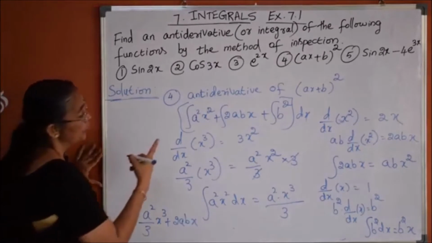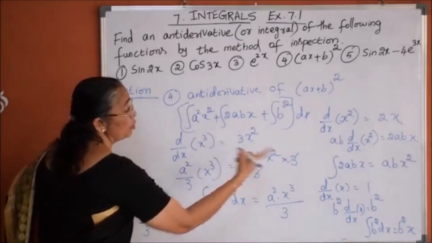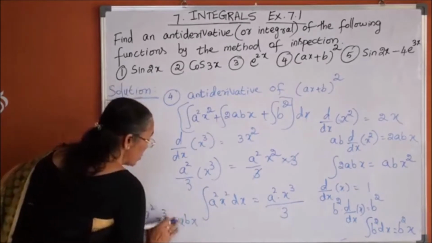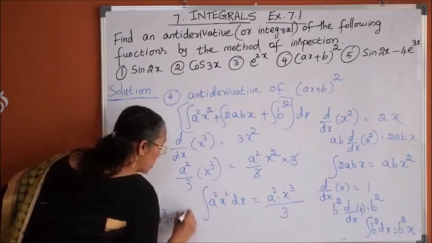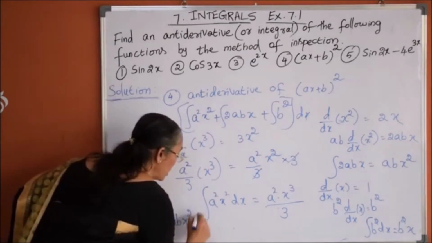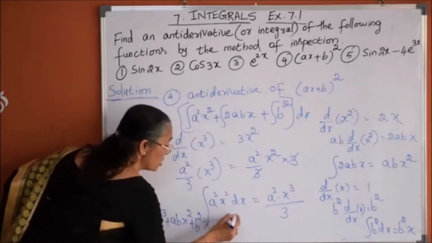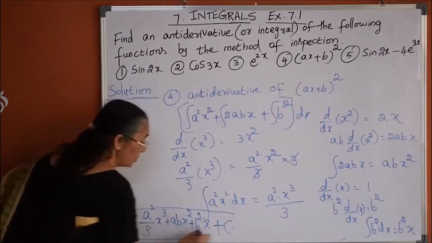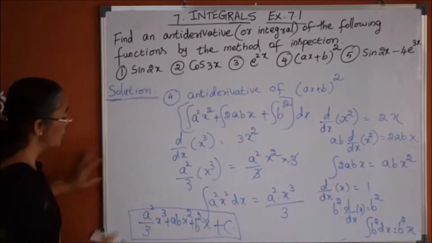Now, for the second term, integration of 2abx is abx², and for the last term, which is nothing but b²x, now one constant term plus c. So, this is the antiderivative of (ax + b)².